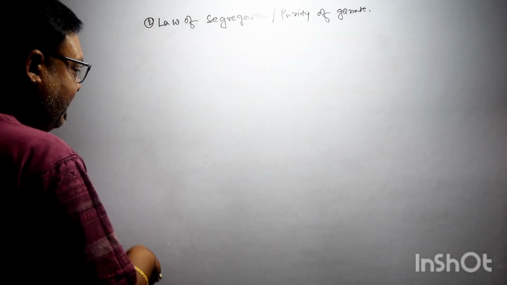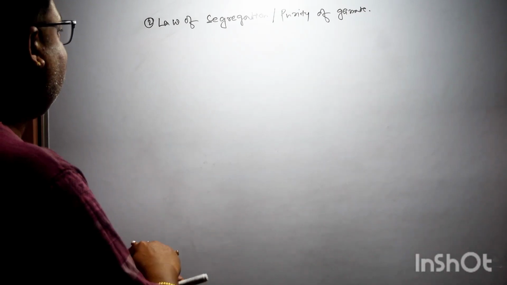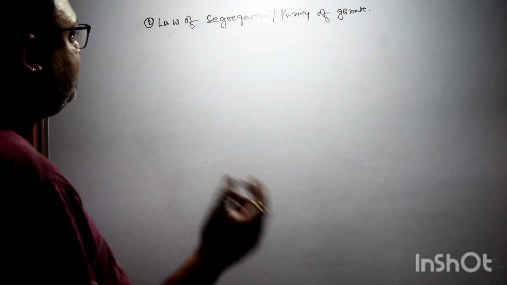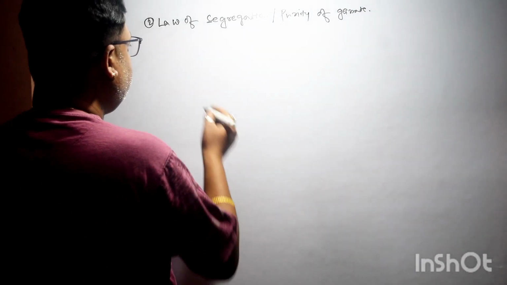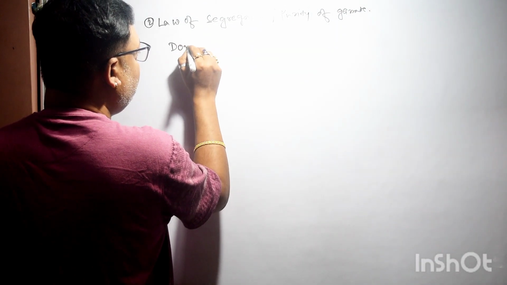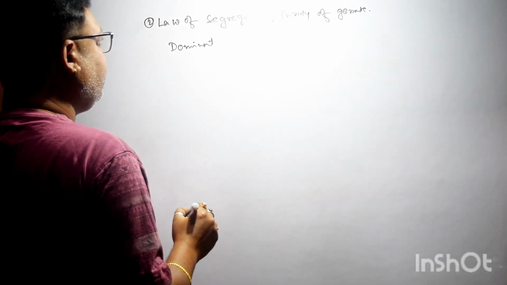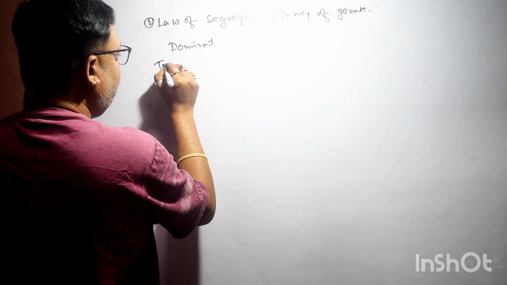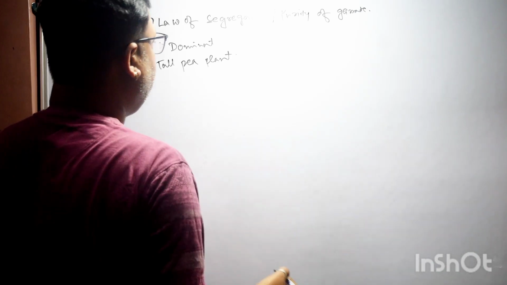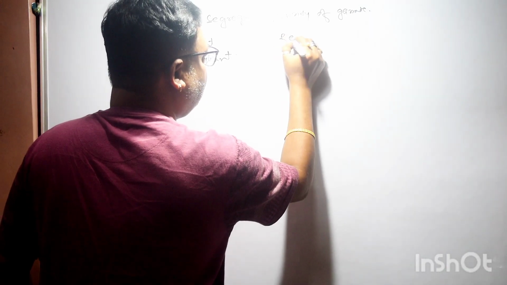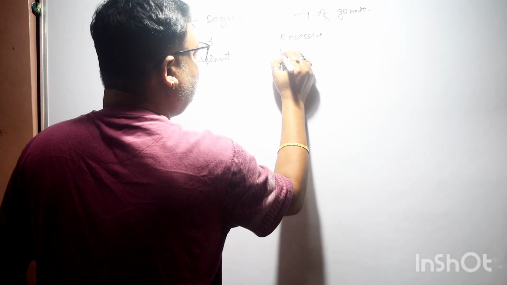So again we can take the same explanation, or let's take the example from your NCERT book, that is, the dominant character in your NCERT book is tall pea plant, and the recessive one will be the dwarf pea plant.